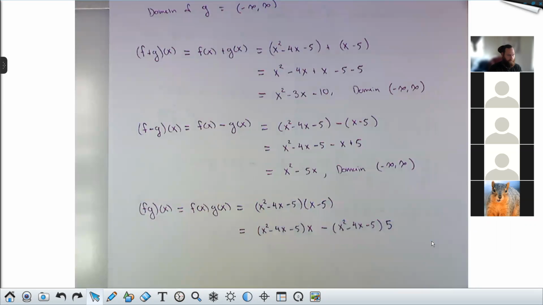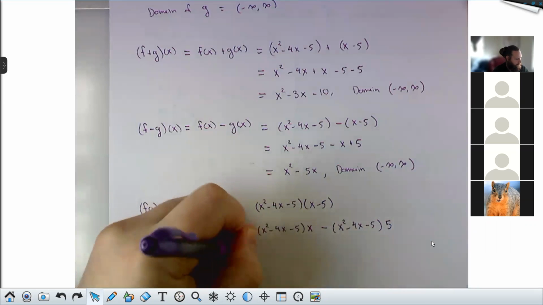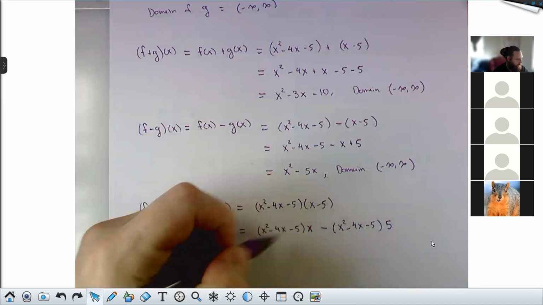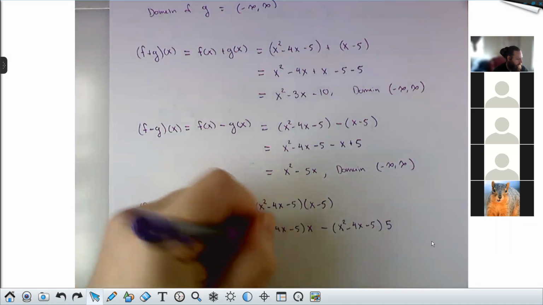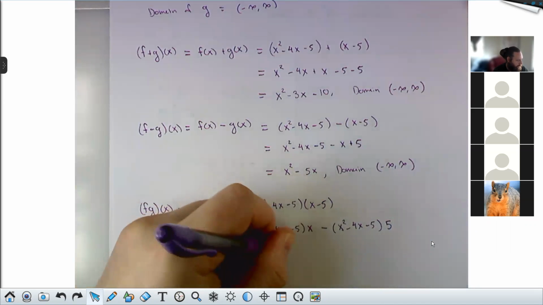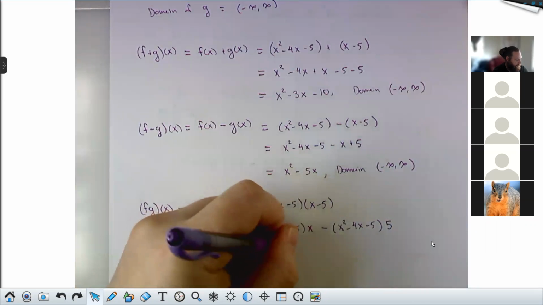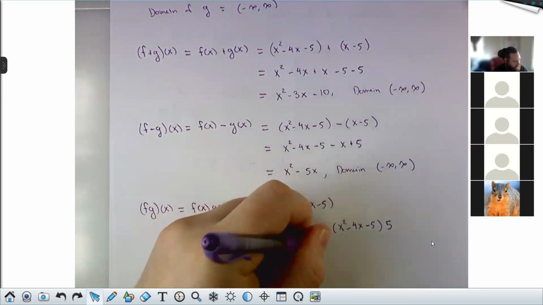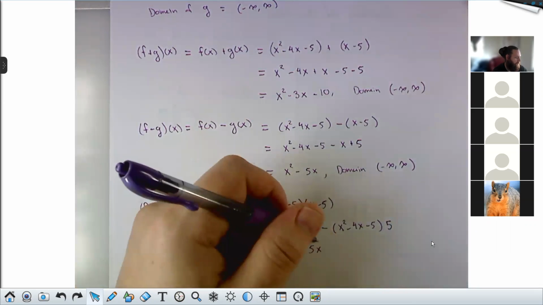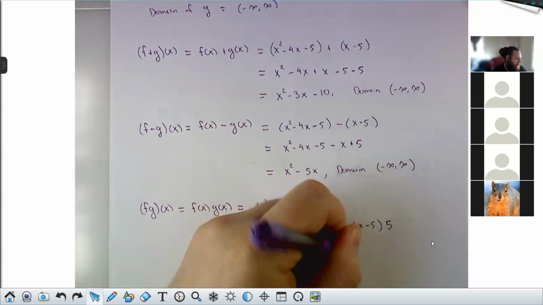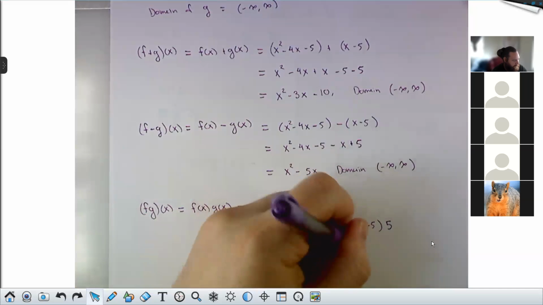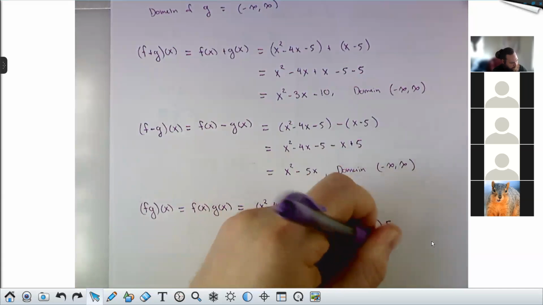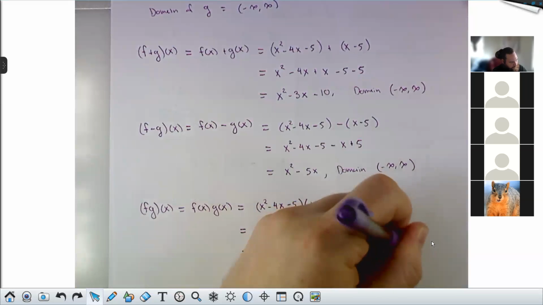Now each of these needs to be distributed out. So I'm going to distribute this x across this quadratic. x times x is x cubed, minus 4x times x is 4x squared, minus 5 times x is 5x, minus parentheses. I'll just go ahead and distribute the 5. 5x squared minus 20x minus 25.